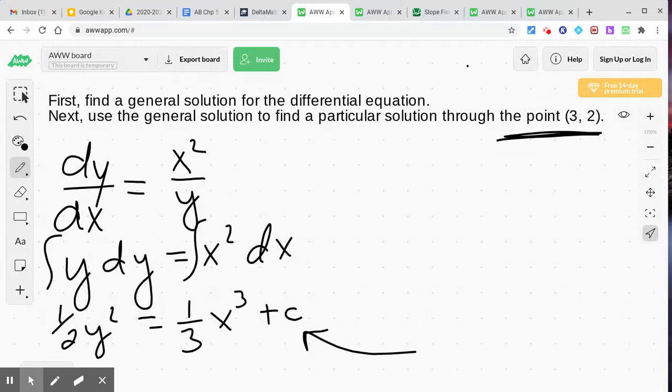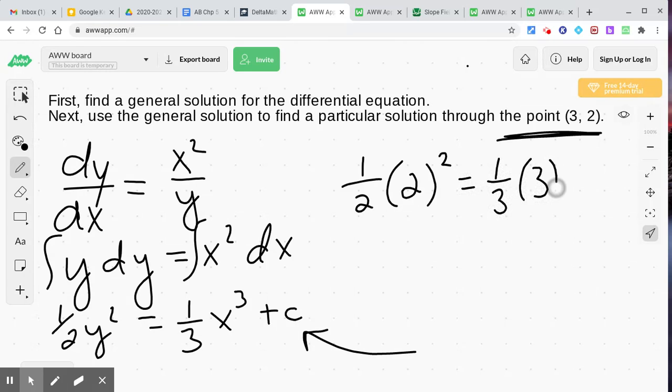So to do that, I'm going to plug this point in right away before I do anything else. So I'm going to take 2 and put it in for y, so 1/2 times 2 squared equals 1/3 times 3 cubed plus c. And now I'm going to solve for c. On the left-hand side, I get 2 equals 1/3 of 3 cubed, which would be 9, plus c, so c equals -7.